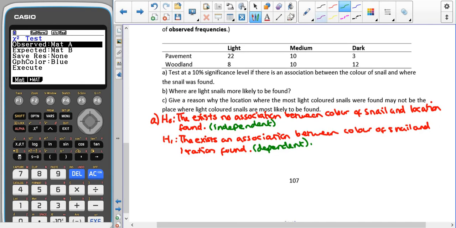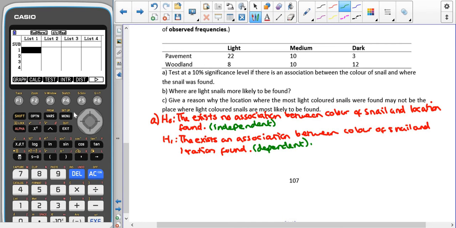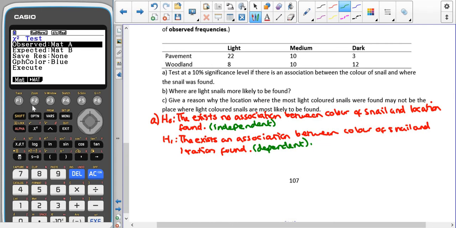So now, as I stated before, we need to find our expected values table. I just want to come back so I can show you again how to get to this bit. We're going to test chi, and we're using a contingency table, so a two-way table, so we go into two-way.